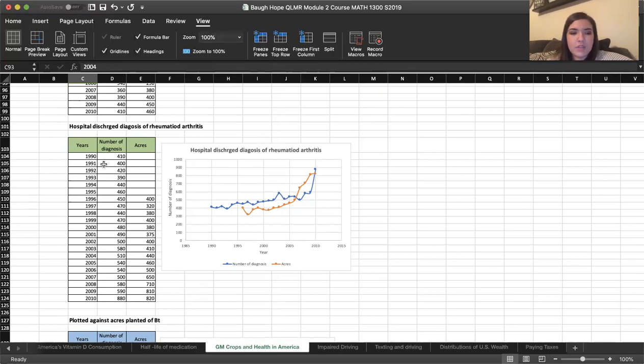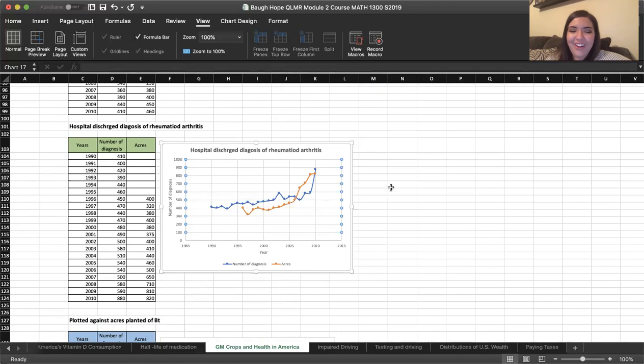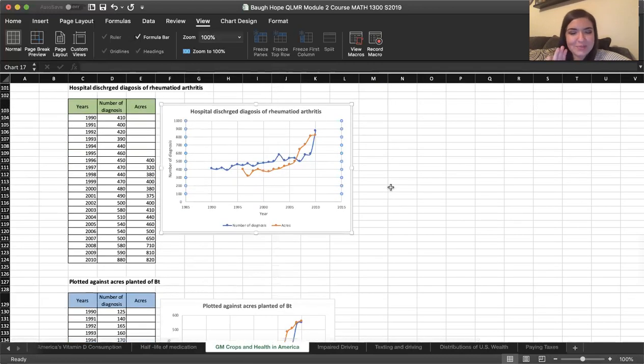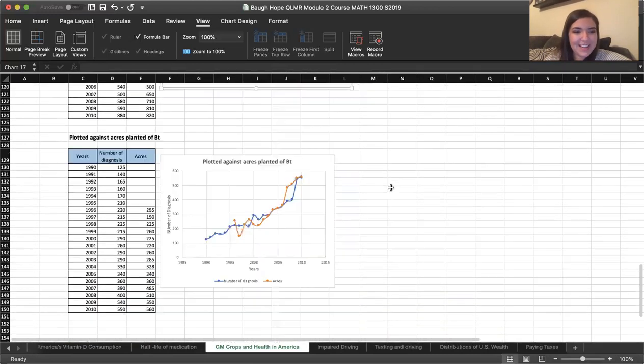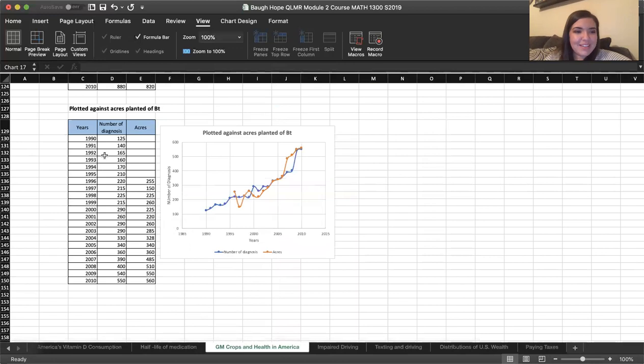I mean, that's 20 years. But again, I don't think all of the diseases are from the chemicals. I know a lot of people don't agree with me. And this one right here is against the plot, from 125 to 550, again in a 20-year span.